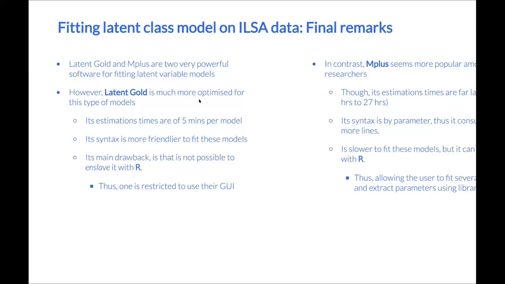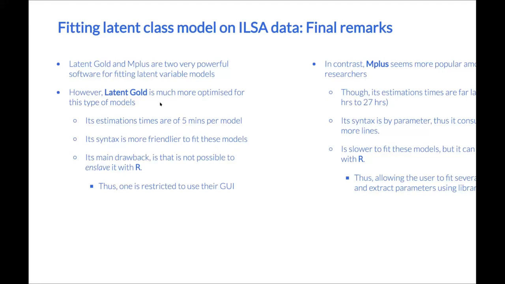The new versions of M+ have optimized the timing of the estimation for latent classes, but you may need to fiddle around with the options to get the advantage of this speeding process.